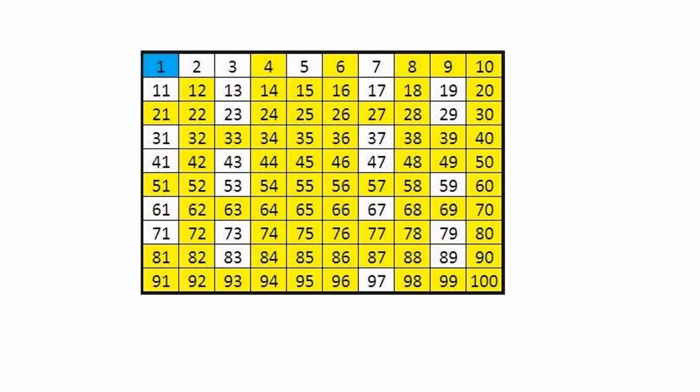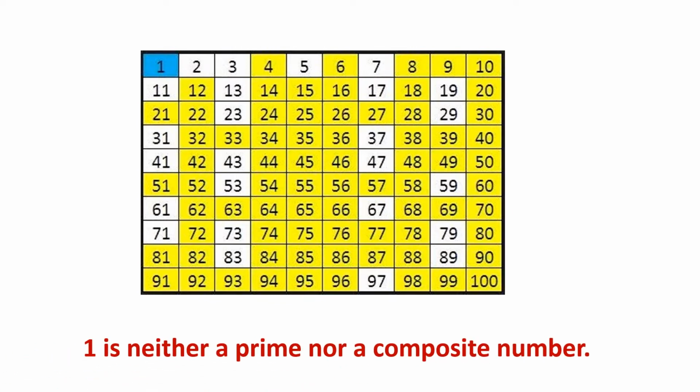Number 1 has only one factor, which means it does not belong to prime numbers or composite numbers. So 1 is neither a prime number nor a composite number, therefore there is no name. That's why I have highlighted it in blue color.